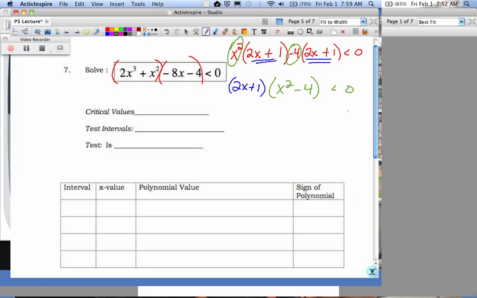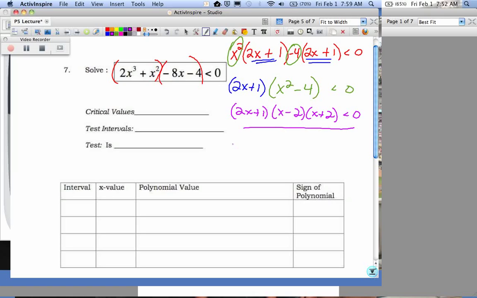And then how do we factor x squared minus 4? So we have 2x plus 1, x minus 2, x plus 2. And so there is the final factoring after you do your factor by grouping.